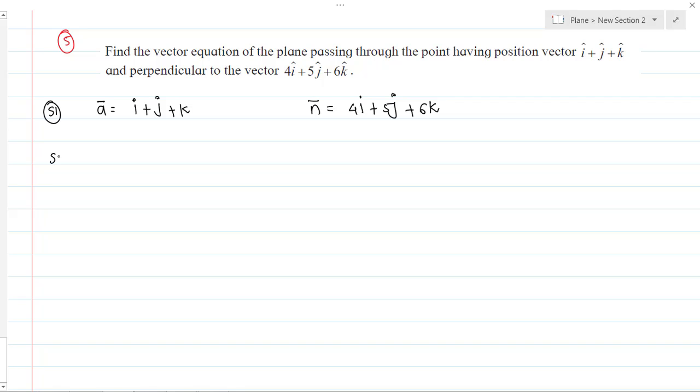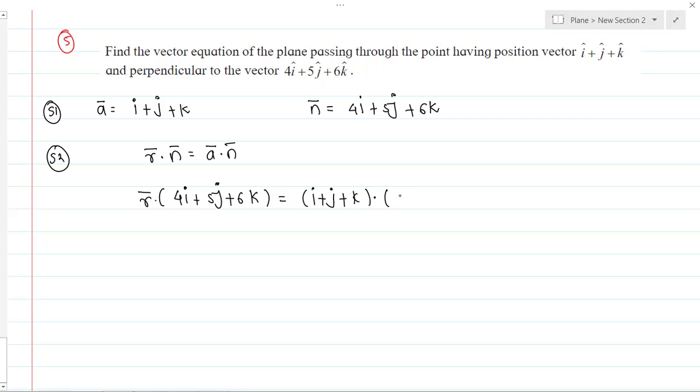Okay, this vector equation you already know, it's r bar dot n bar equals a bar dot n bar. So r bar dot 4i plus 5j plus 6k equals i plus j plus k dot 4i plus 5j plus 6k.